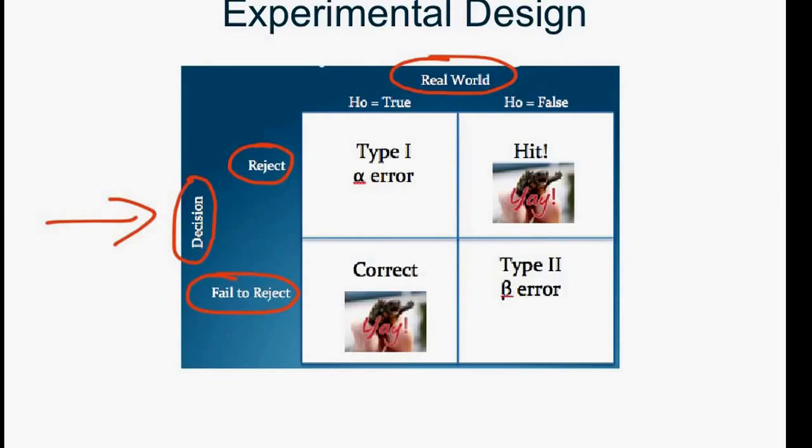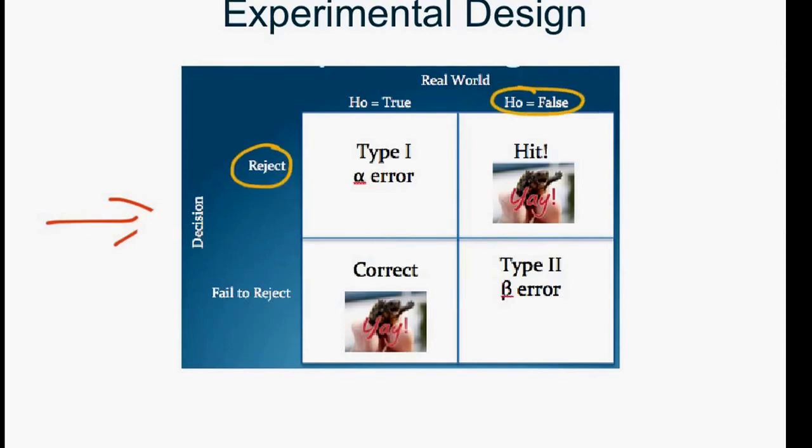If we reject the null and we say that a difference that we found is significant, not due to sampling error, and in fact the null hypothesis is false, we've made what is called a hit, or at least a correct decision. And we're excited. Yay!